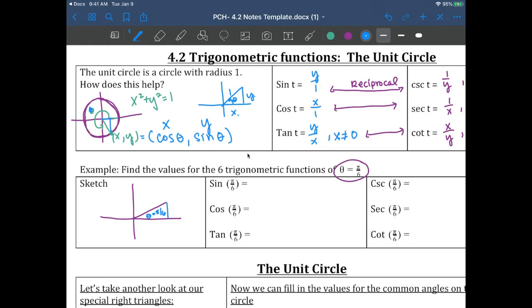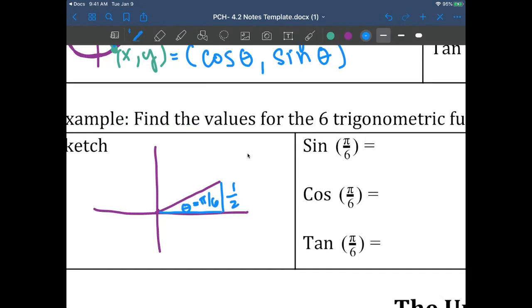Because I remember about 30, 60, 90 triangle rules, across from 30 is the smallest side, so 1/2. Across from the biggest angle, that's not 90, would be root 3 over 2. And across from my 90 degrees is a 1.